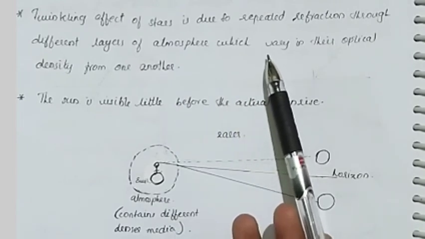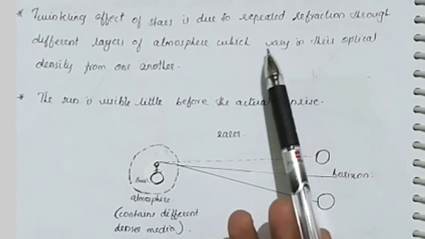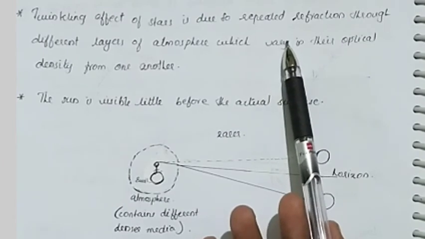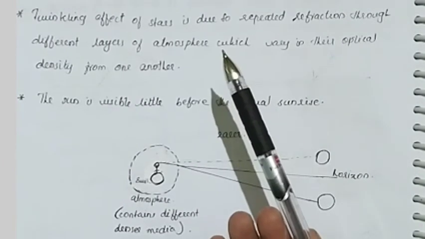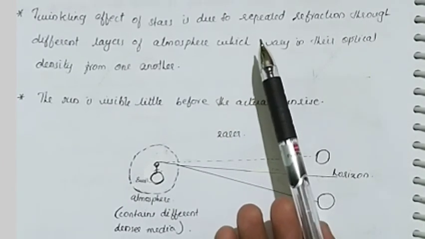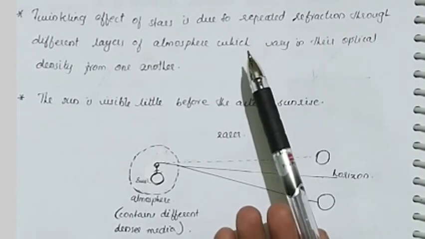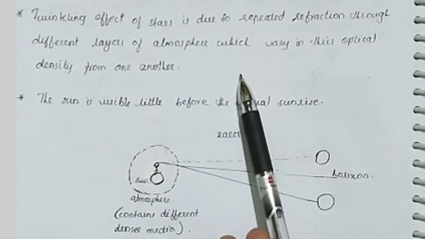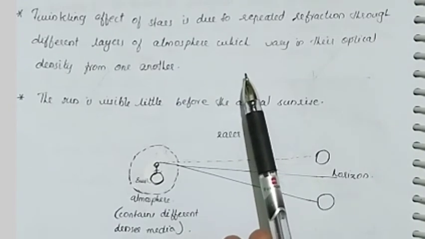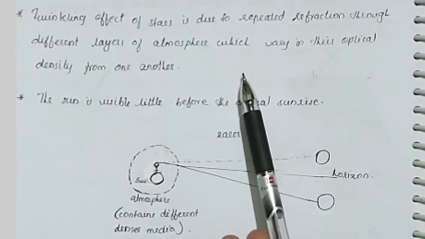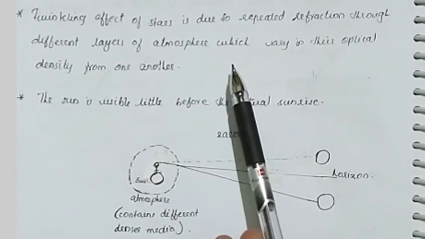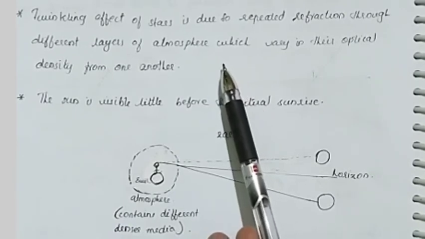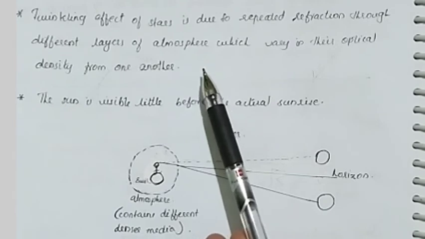Therefore, when light from a star enters the atmosphere, it undergoes repeated refraction as it passes from one layer to the other, and due to that the stars appear to be displaced with each refraction, which causes the twinkling effect of stars.